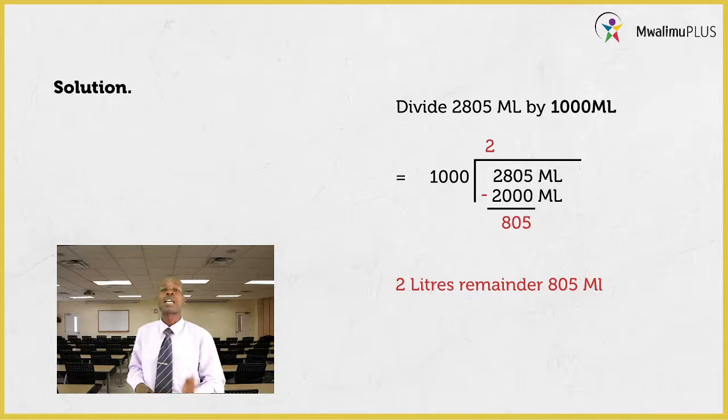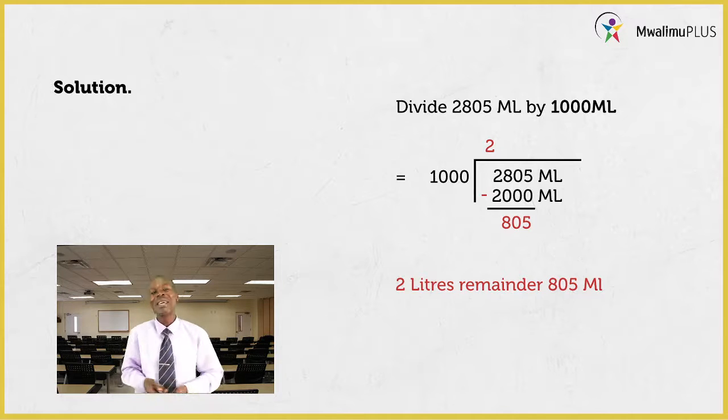and we consider how many times 1,000 goes into 2,805, and we realize it goes there how many times? Twice. 2 times. So 2 times 1,000 will give us 2,000, and when we subtract, we get 805 ml. 805 ml is milliliters on their own, but the 2 we have taken as a quotient become our liters.